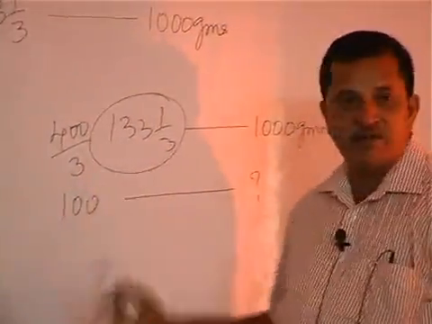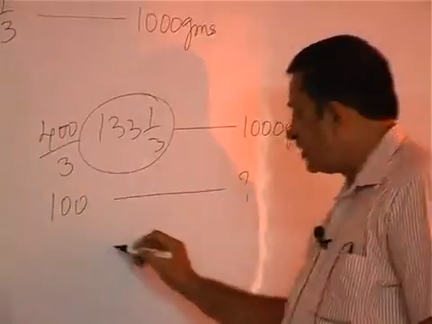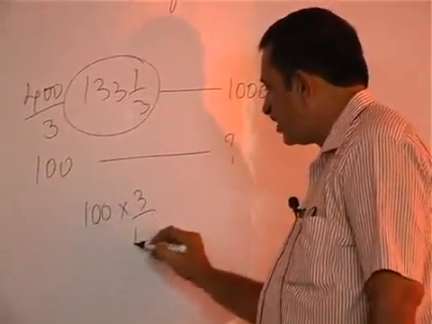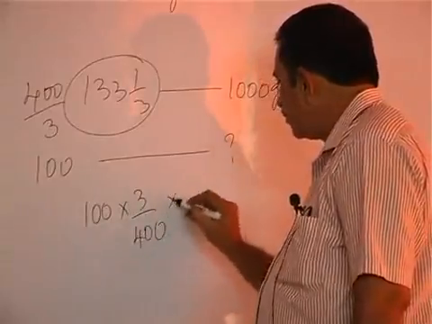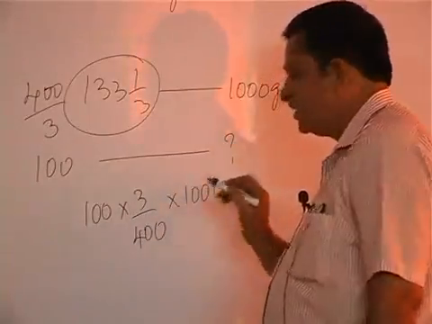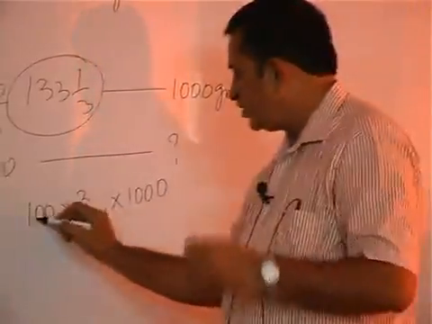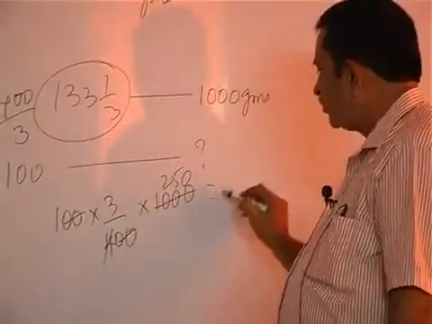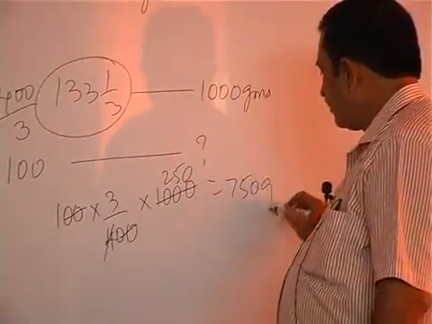Compared with 400 by 3, the value of 100 will be less. Less by more, 100 by 400 by 3 means into 3 by 400 into 1000. 2 zeros, 2 zeros, 4 250s. 250 into 3 means 750 grams.